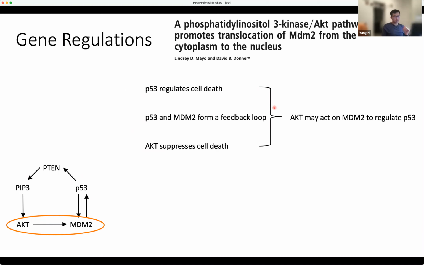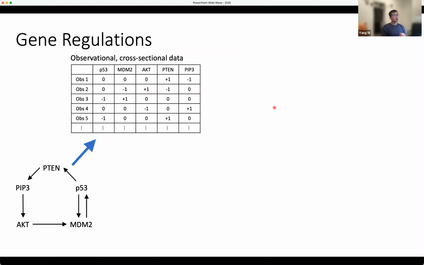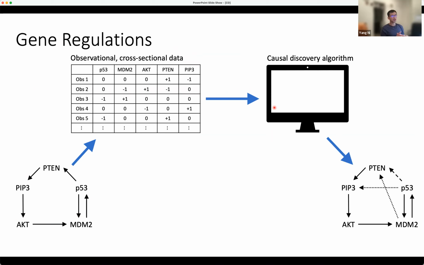So with these three limitations of the traditional way of generating hypotheses in mind, would it be nice if we could somehow automate this hypothesis generation procedure based on observational data alone, which are plentiful thanks to next generation sequencing technology?